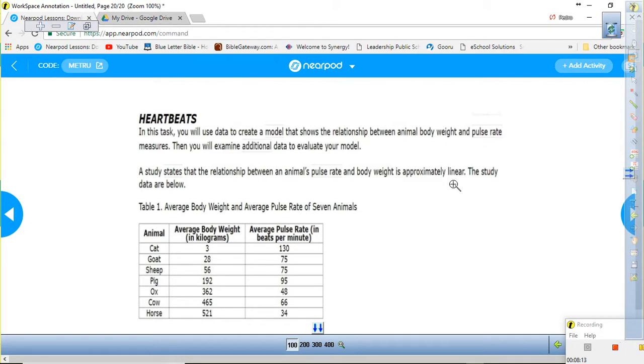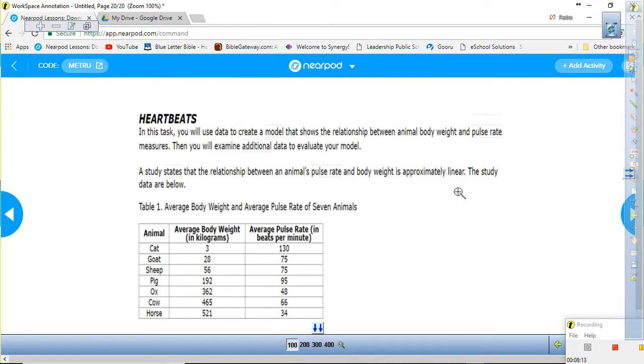Talk to your neighbor. Linear. Yes, that if we were to graph all the points, we would get a what? A straight line. Or what do we notice about straight lines?